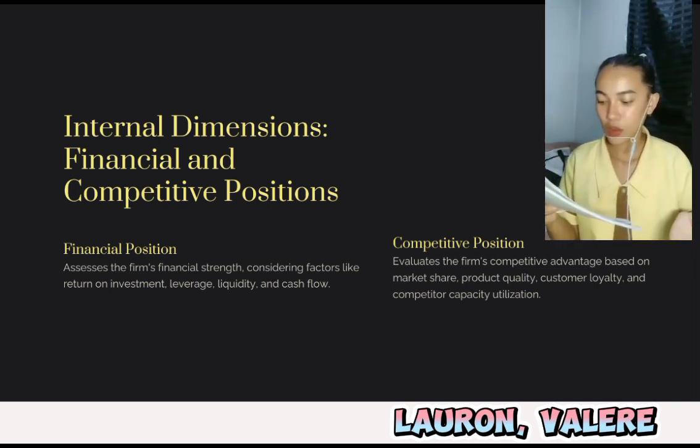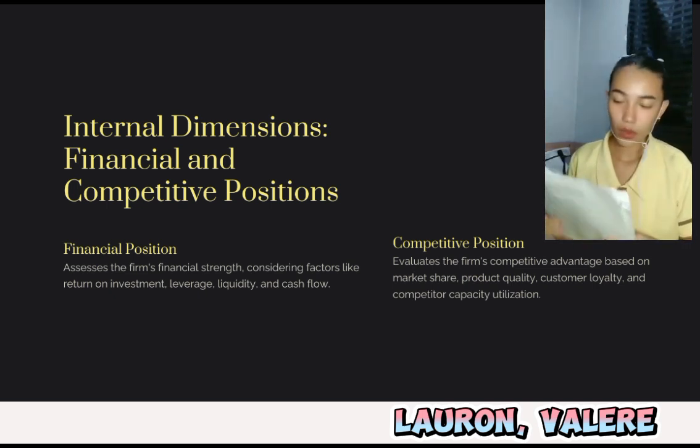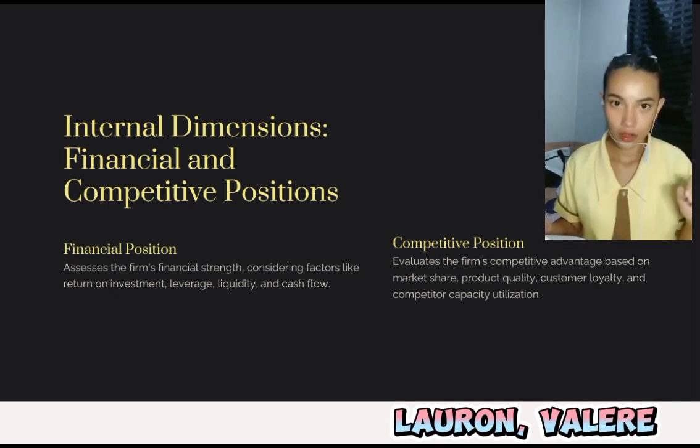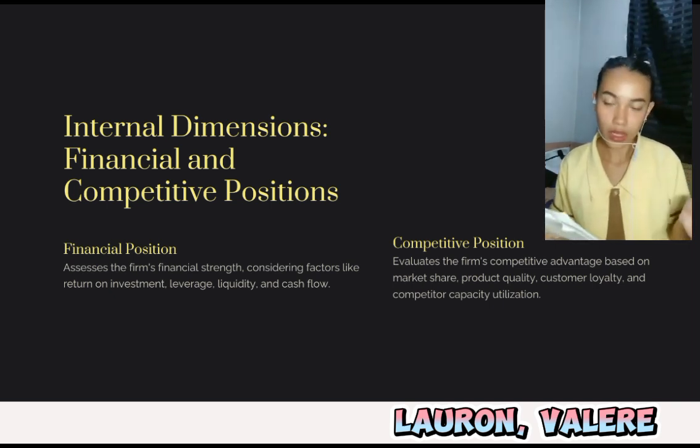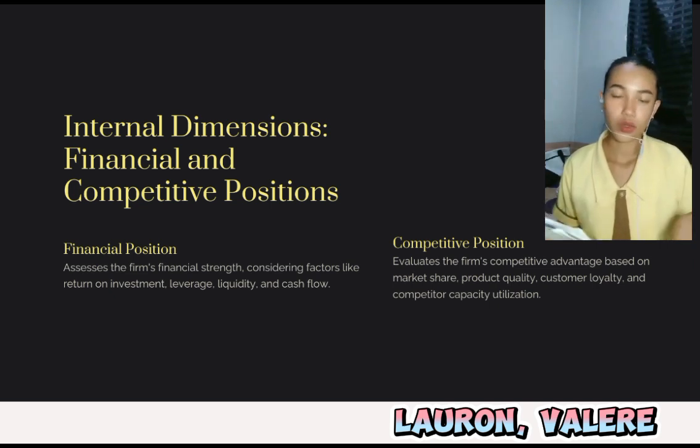Sixth, utilization of capacity by competitors, low to high. Seventh, technological expertise or technical know-how, low to high. Eighth, vertical merging or integration, low to high.